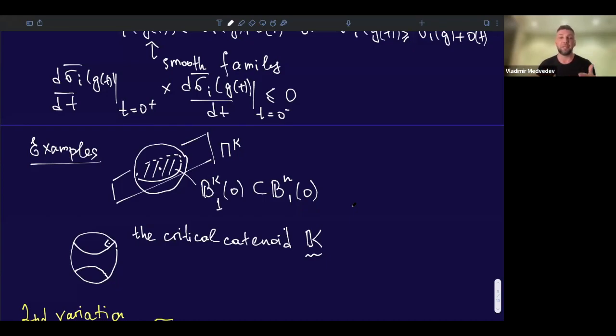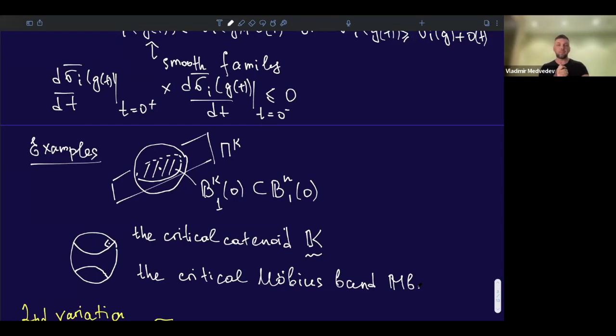There is a special Mobius band in E4, and you can find a unique piece of it which hits our boundary sphere orthogonally, and it's called the critical Mobius band. I'm not going to give you the precise formula because these immersions are very well known, and it's not very important for my exposition.